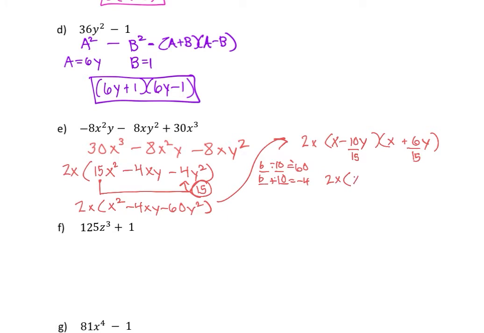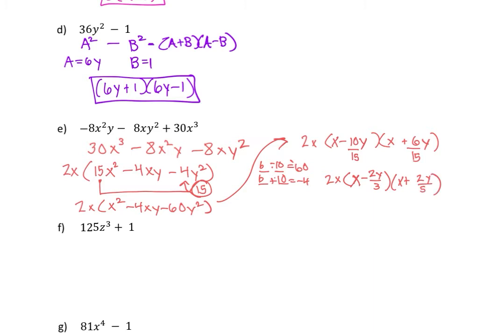Reduce those fractions. 10 and 15 have a common factor of 5, so that gives me 2y over 3. 6 and 15 have a common factor of 3, giving 2y over 5.